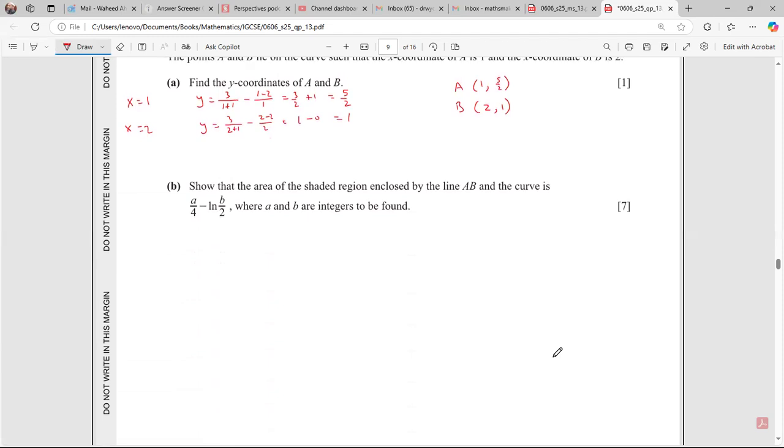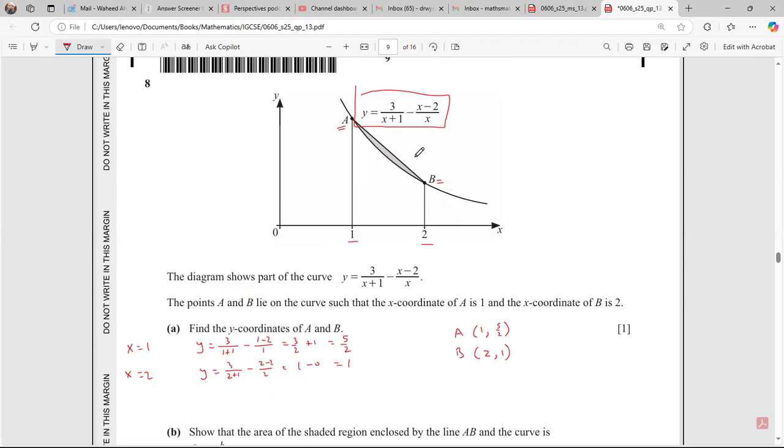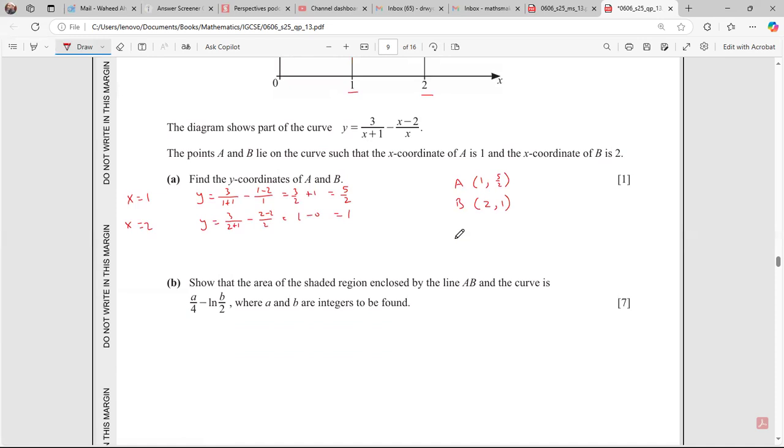You see, we need to find the area of the shaded region. You can see this is going to be a trapezoid. So let's find the area of the trapezoid. This is easy. Remember, we have to find the mean value of these two unequal sides.